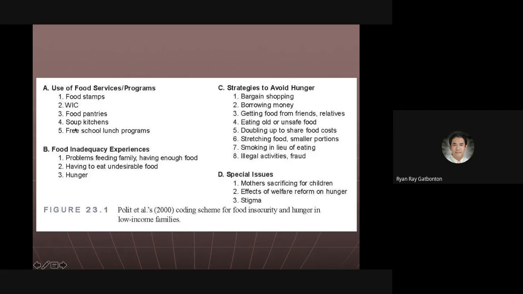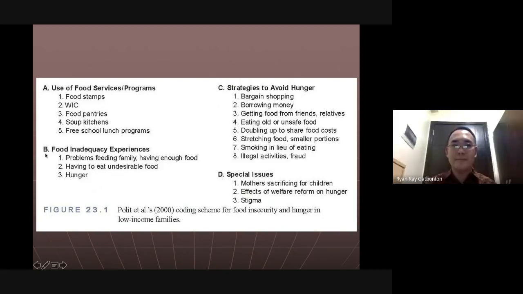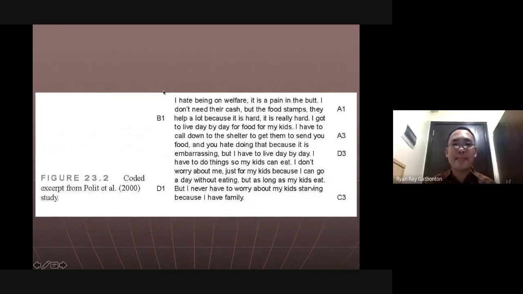The codes were developed out of the themes, which were identified during the review of the qualitative data collected by Polit. So she first made the themes, then assigned a code for each theme: A, B, C, D. For each subcategory or sub-theme, there are 1, 2, 3, 4, 5, 6, 7, 8, 9, 10, etc. When you read the data, you will notice that she used A1, B1, A3, D3, D1, C3.